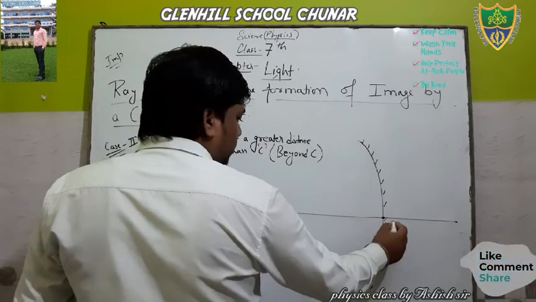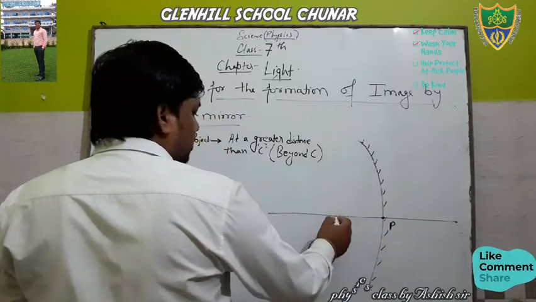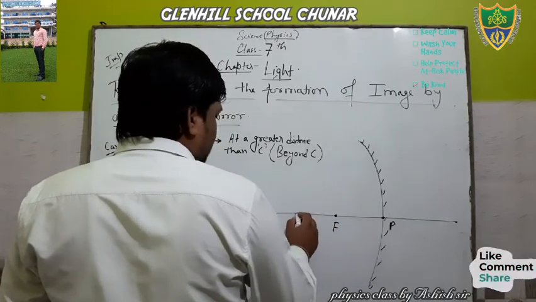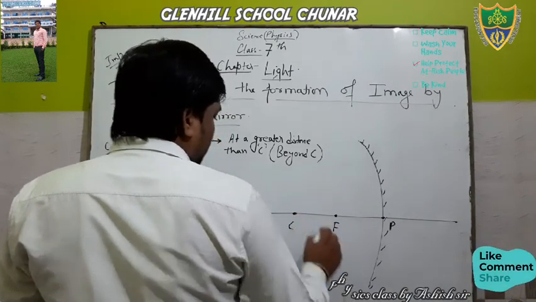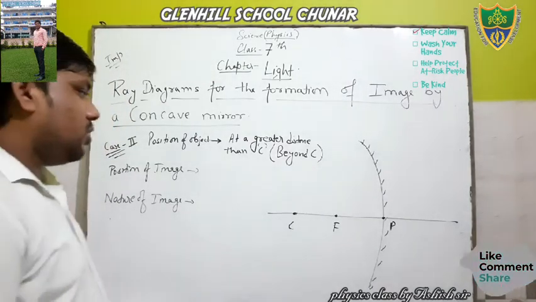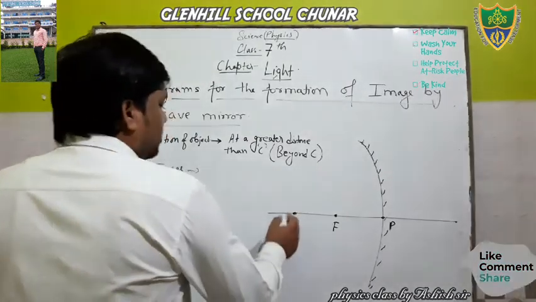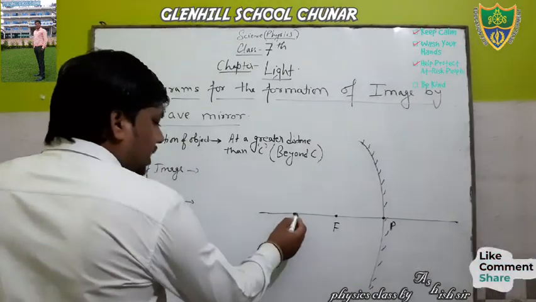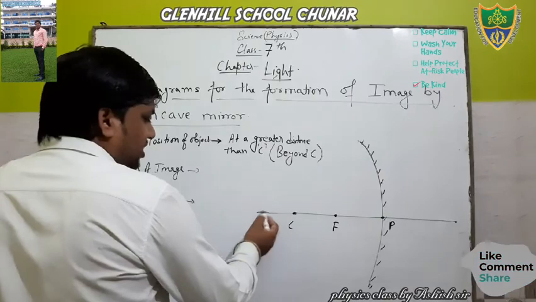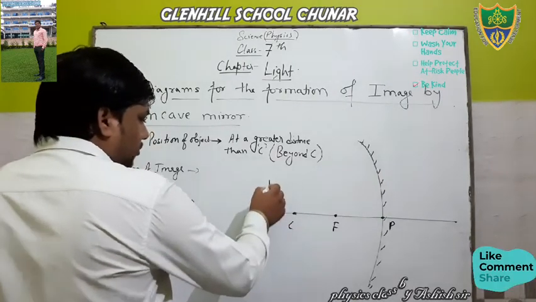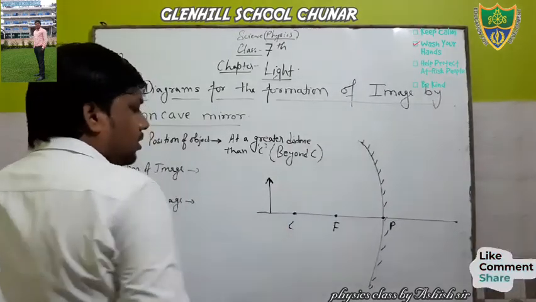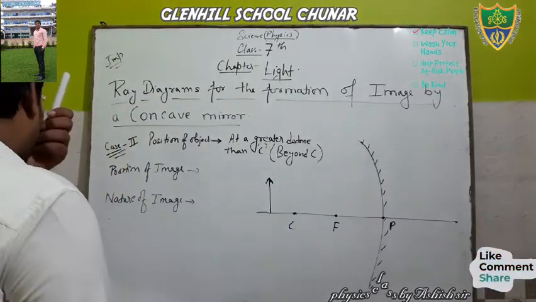This is point pole, this is point focus, and this is point center of curvature. Now beyond C means the object is placed before C. So here we draw the object. This is your object. Now what happened?